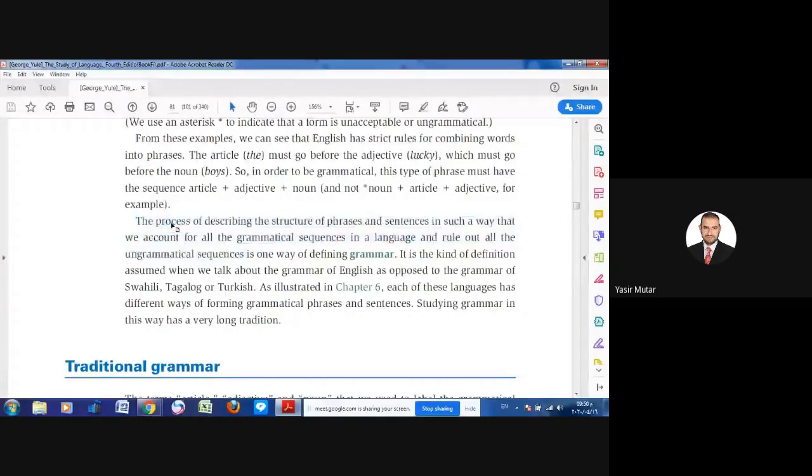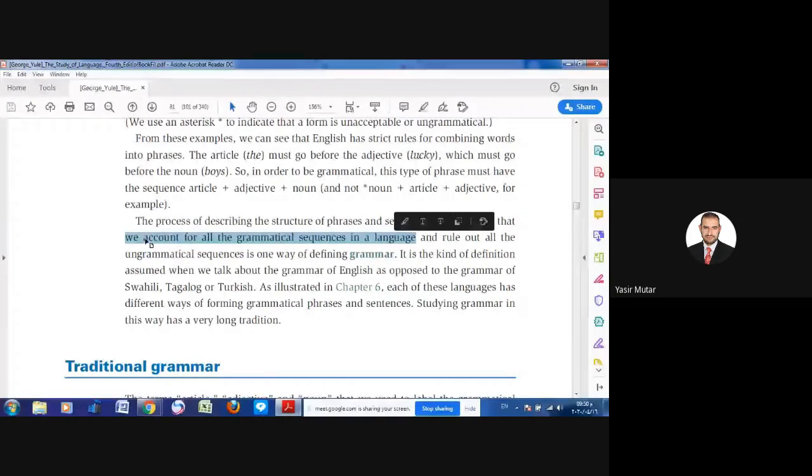So grammar is the process, again, the process of describing the structure of phrases and sentences in such a way that we account for all grammatical sequences in the language. This is one.